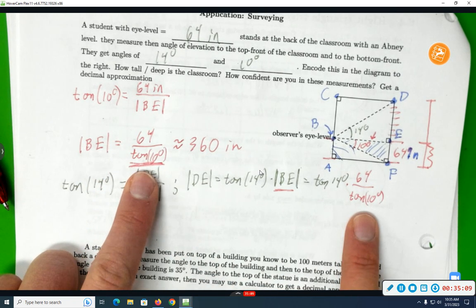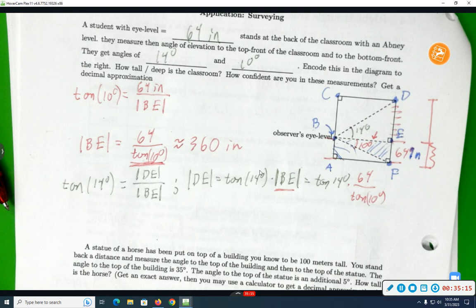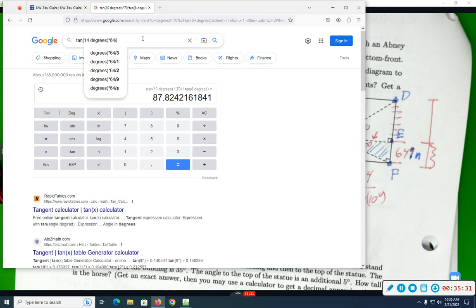So, ideally, that thing in red is exactly the side length BE. If you use the 360-inch decimal approximation for BE, that would be the same-ish up to a rounding error, and the rounding error might turn out to be significant. So this is why I'm going to use the exact value. All right. Times 64 divided by tangent of 10 degrees.